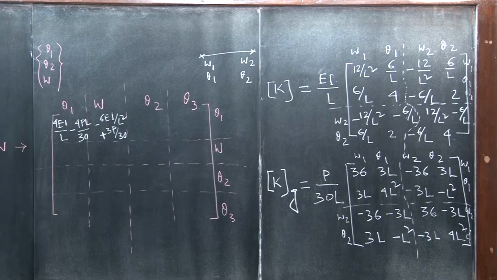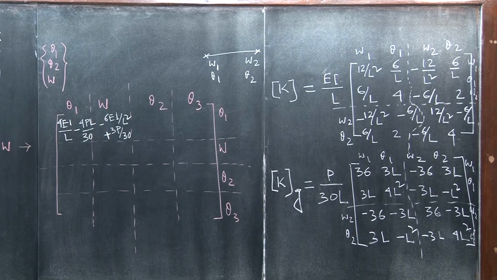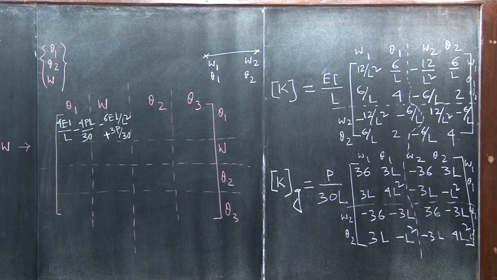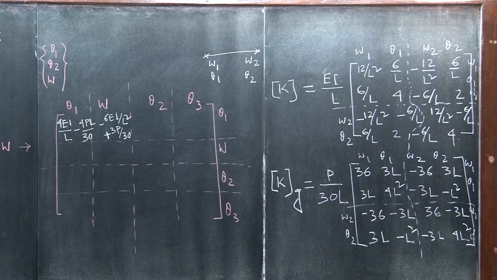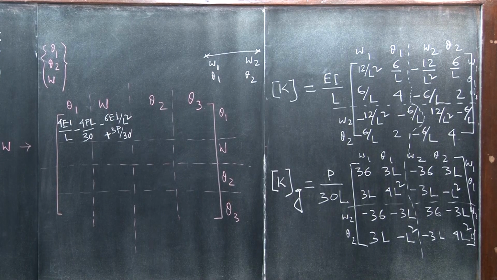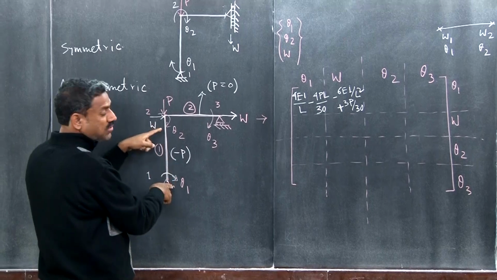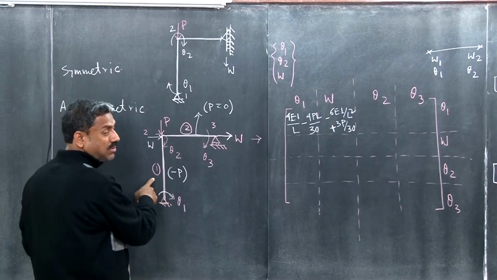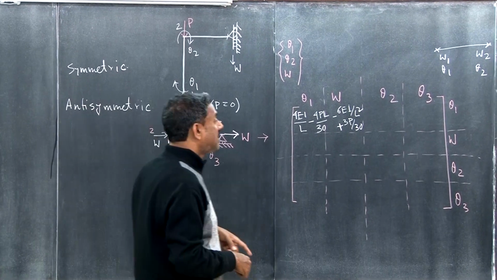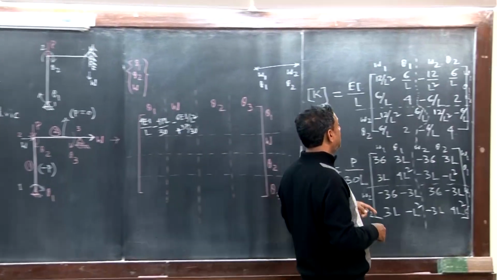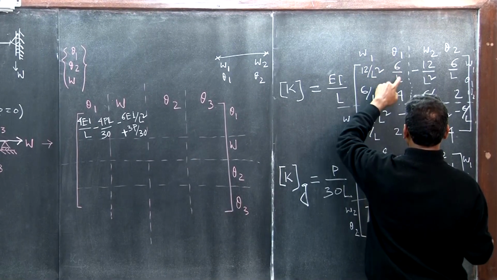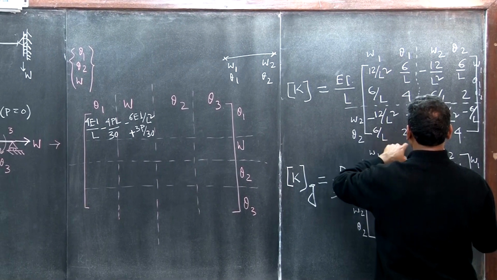Okay, so now let us do theta 2 and theta 1. So theta 2, theta 1 is also a cross stiffness, and will only be contributed by member 1, right?